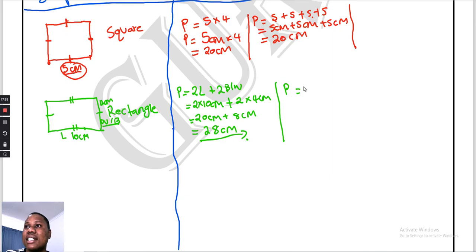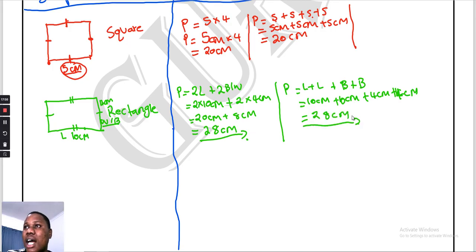So someone can say length plus length plus breadth plus breadth, which is going to be 10 centimeters plus 10 centimeters plus 4 centimeters plus 4 centimeters, which is 10 plus 10, that is 20, plus 4, that is 24, plus 4, that is 28 centimeters. It depends on how you understand it, because we are talking about the distance around the object.